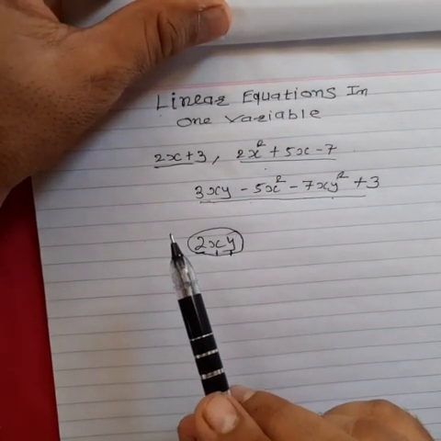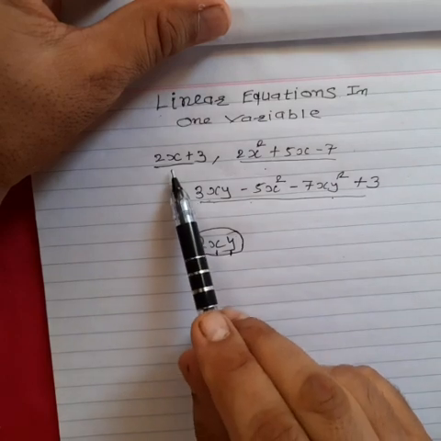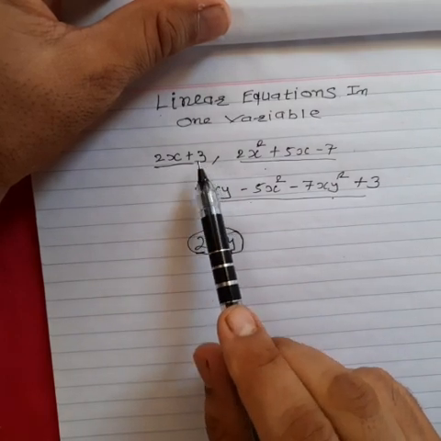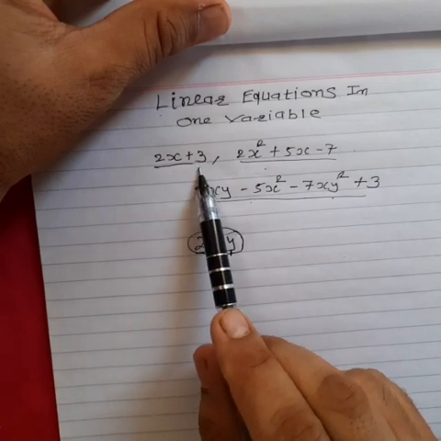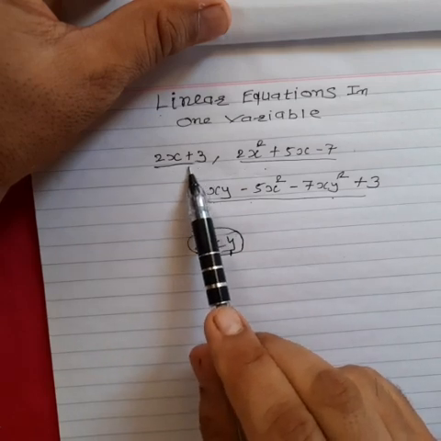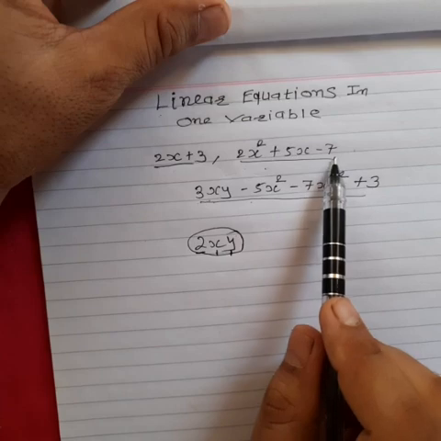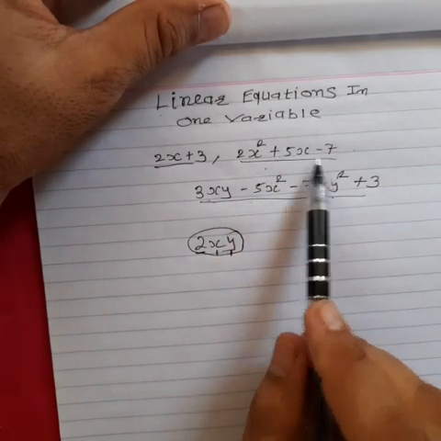It forms an algebraic expression. So here 2x is one term, 3 is another term. So it has two terms which are associated by addition. So that is an algebraic expression. 2x square, 5x and 7 are associated with plus and minus.